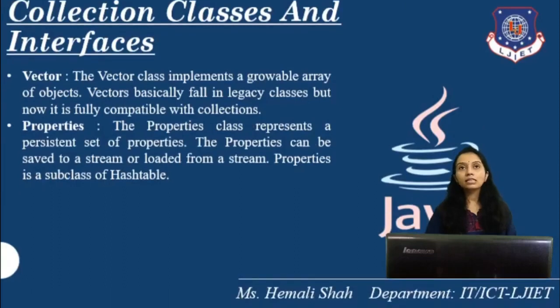Now the collection classes and interfaces have this Vector and Properties class also. This Vector basically implements a growable array. So here the dynamic array you can implement by using the Vector also. Now Vector basically falls in a legacy class, but now it is fully compatible with the collections framework, right? So it is basically a legacy class. Now similar kind of functionality you can implement by using ArrayList and LinkedList also.